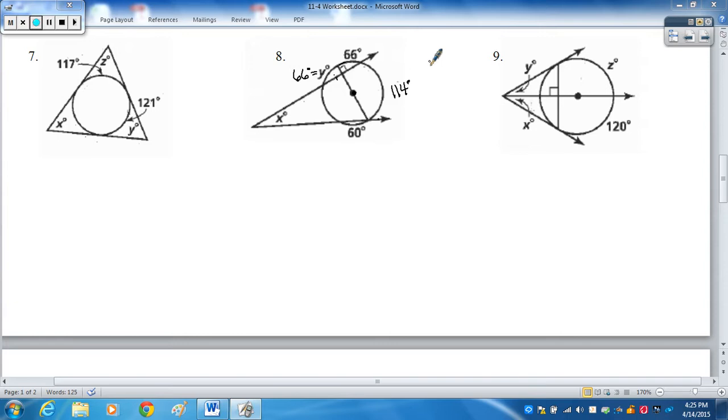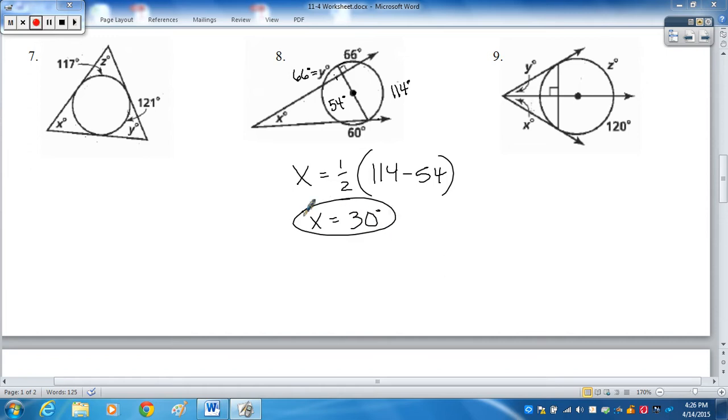Now, in order to figure out what this arc measure is, I'm going to take 180 minus 66 and minus 60. So 60 and 66 makes 126, and from 180 gives me 54 degrees. And so x, in this case being outside, is going to be half the difference, 114 minus 54. So 60 divided by 2 is 30 degrees.